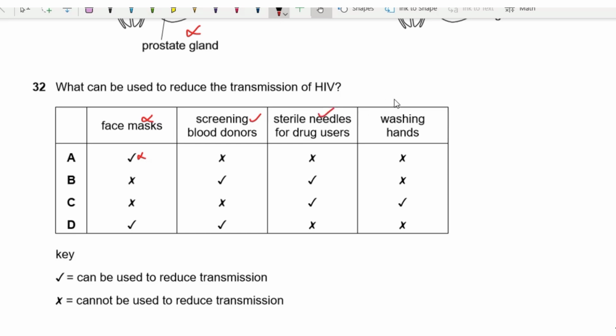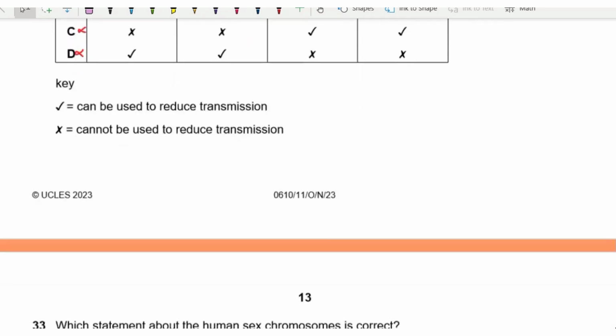Sterile needles can help in reducing transmission of HIV, but washing of hands, no, does not reduce HIV. So with this, we can say it is only option B that is correct here. So A is wrong, C is wrong, D is wrong, but B is the correct answer. So from here, we'll now move straight to question 33.